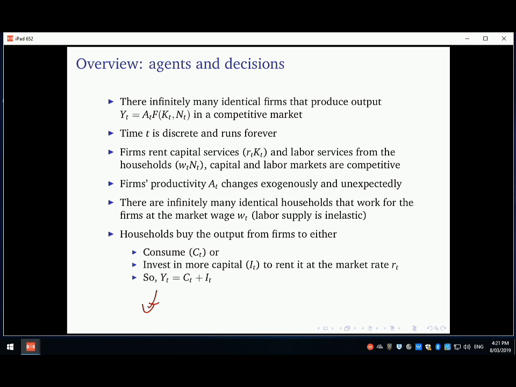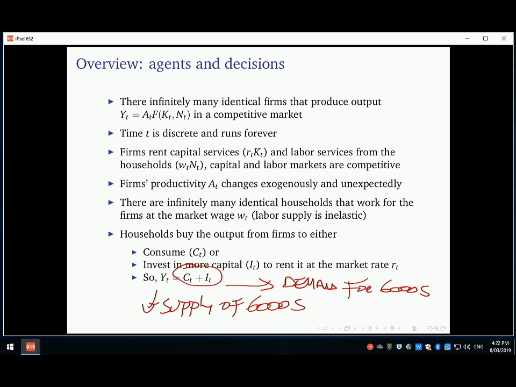YT is the supply of goods. And consumption plus investment is the demand from the household, the demand for goods. So in equilibrium, these two things are going to be equal, like a market clearing condition or resource constraint in this case. CT is consumption, IT is investment, so the cars that you buy and then use for investment purposes. Demand for goods and supply of goods.